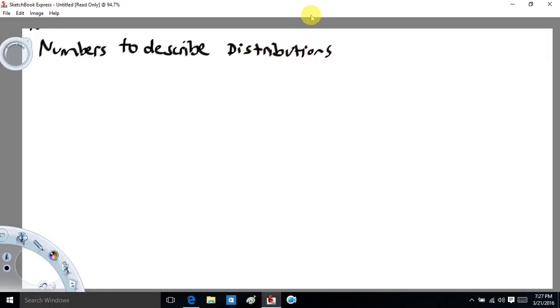The three main things we're going to be talking about are the mean, median, and mode.